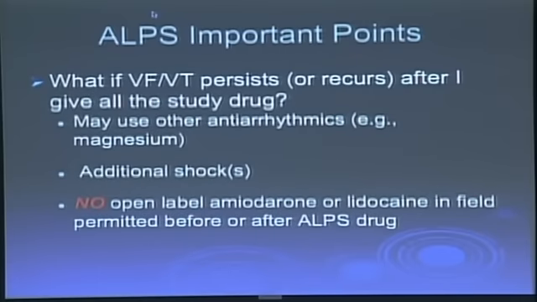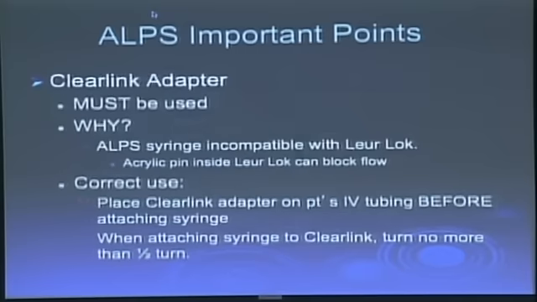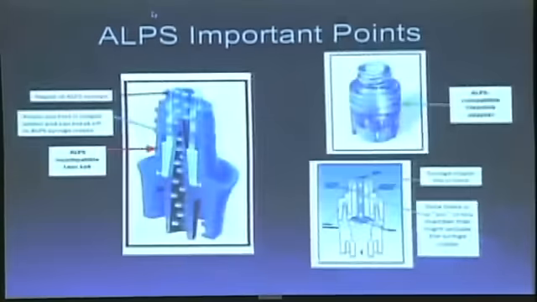If VFib recurs after you've given all the drugs, you can use magnesium, repeat epinephrine, repeat shocks, but no open-label amiodarone or lidocaine. You have to use the ClearLink adapter because it doesn't work without it. Put the ClearLink on first, then attach the syringe.